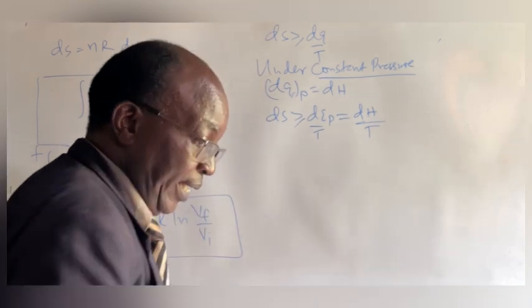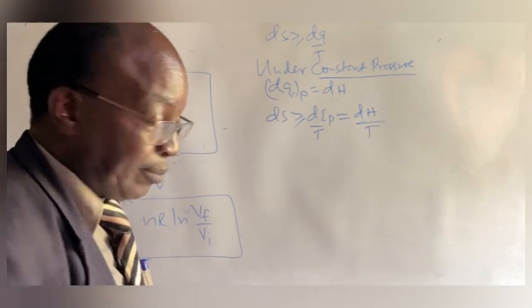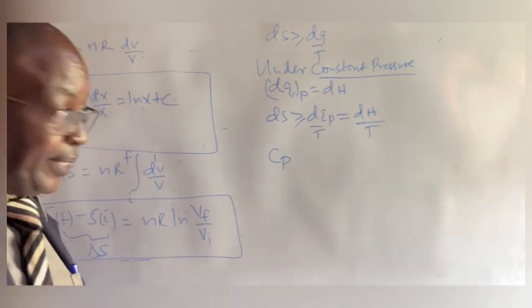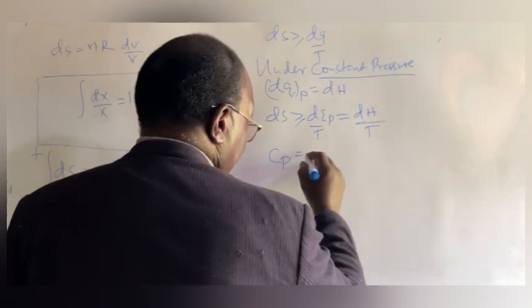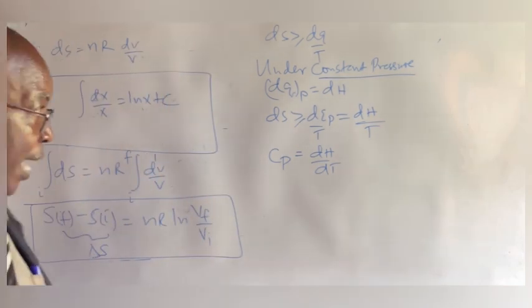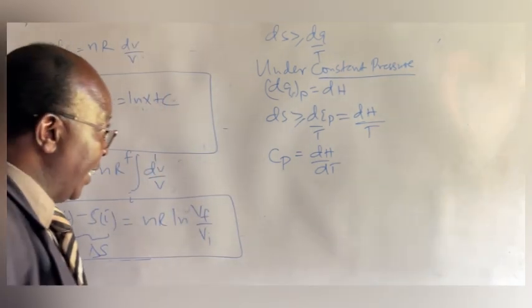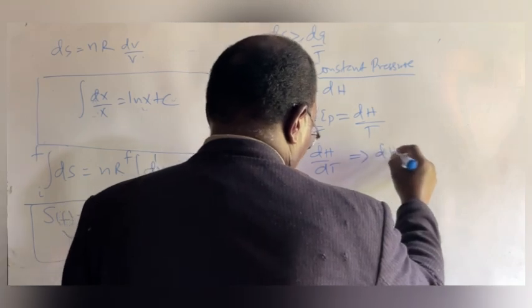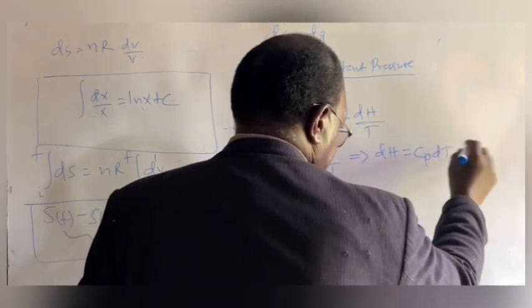But what is dH in terms of temperature? We know that the isobaric heat capacity is dH over dT. And so if we plug in that expression, we know that dH therefore will be Cp dT.